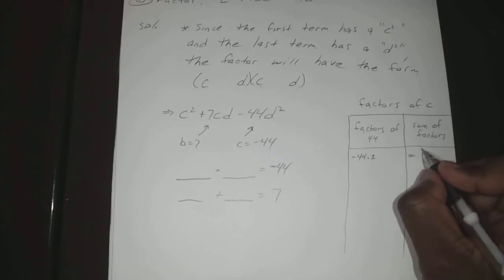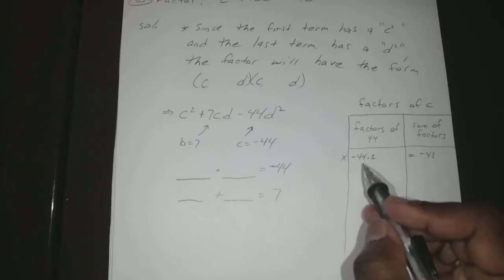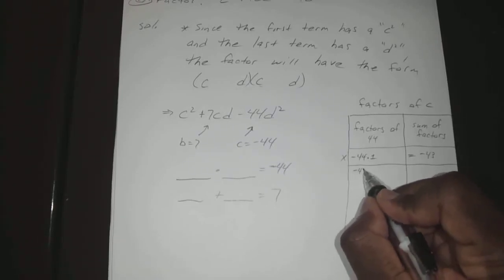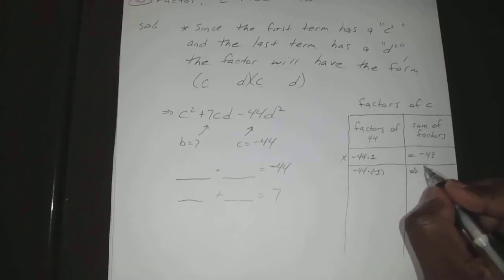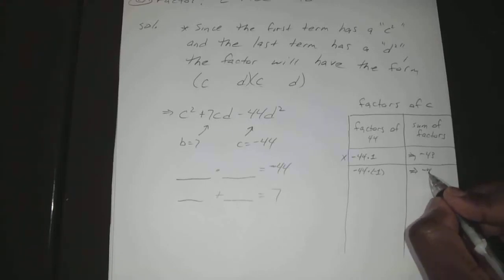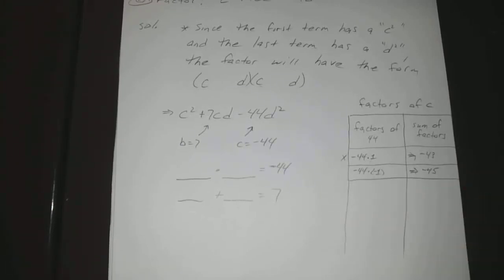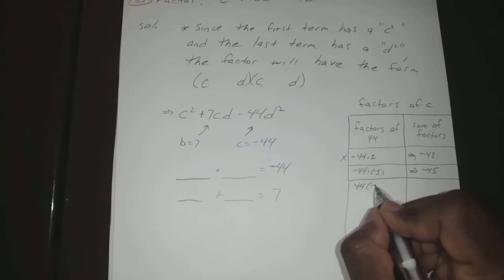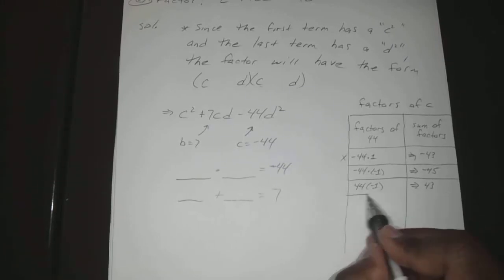They add together to give you negative 43, which means we're not going to use that one. If you made both of them negative, that would give you negative 45, which we know is not the answer. If we made the 1 negative, that would give us positive 43.